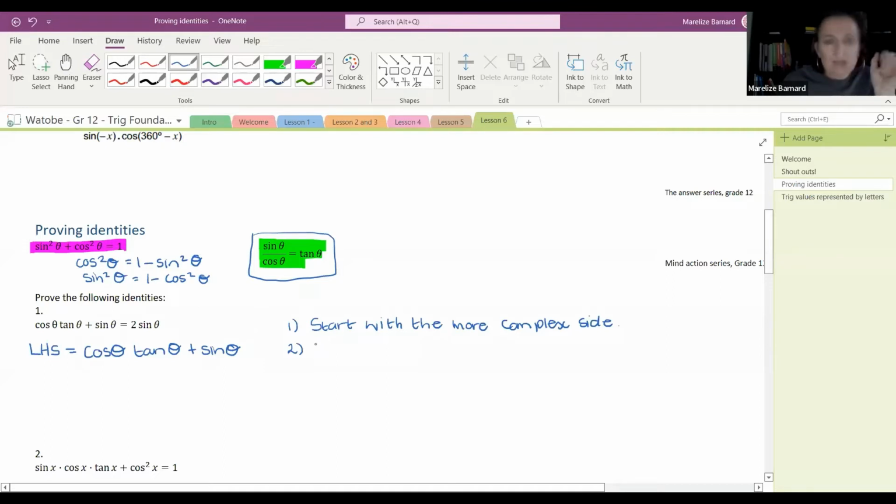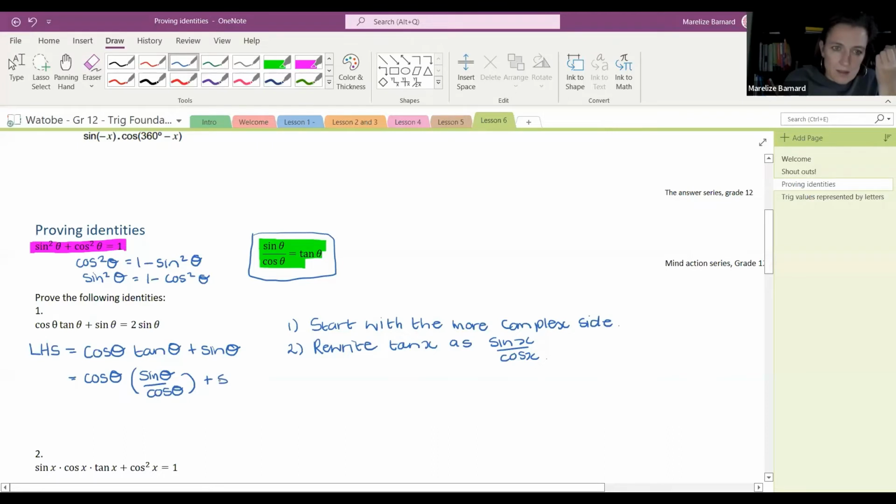So let's write a note here and say rewrite tan as sine x over cos x, or whatever the angle is, theta, alpha, but basically we get rid of the tan. So now we do cos theta times sine theta over cos theta plus sine theta.